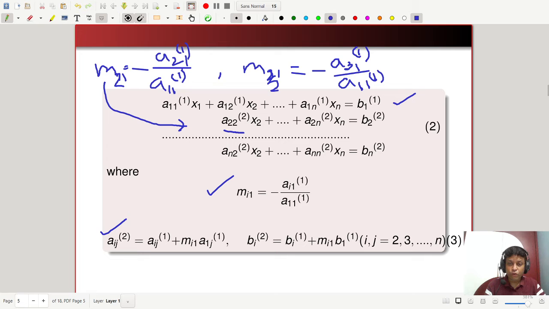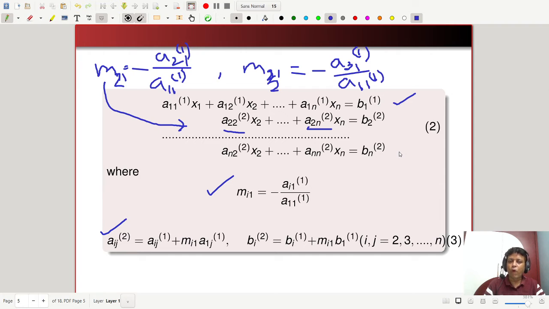These are the coefficients you can calculate, because this multiplier will be operated on the second term, third term, nth term. So you will get a22, a23, like this, a2n, and also you can calculate b2, b3, bn. Okay, this is how you can calculate. So these are very important steps.